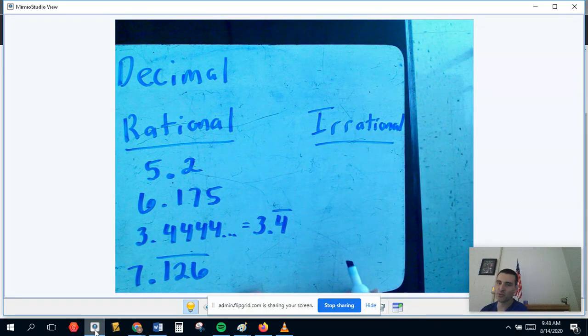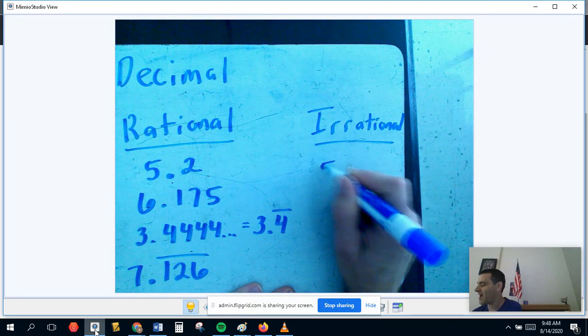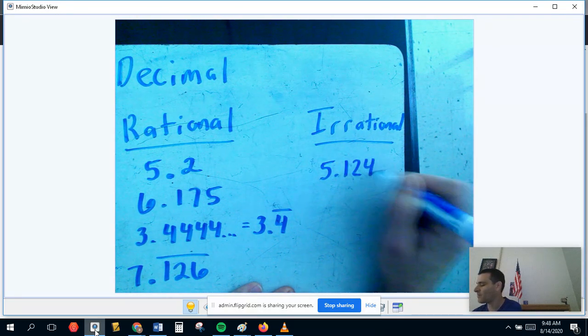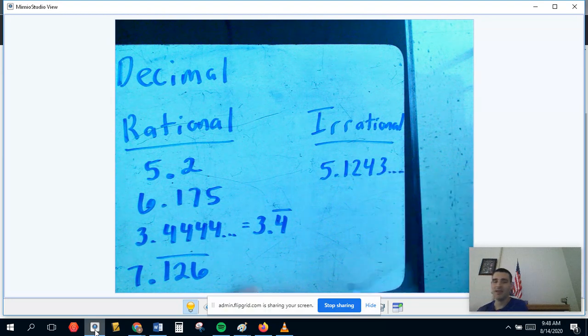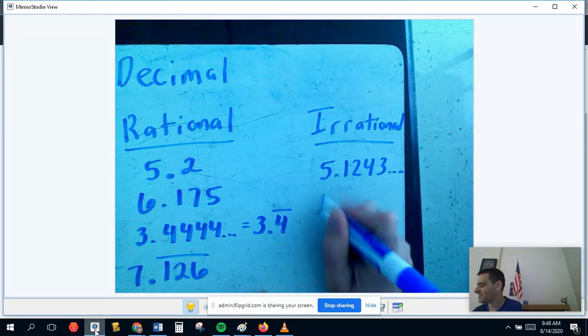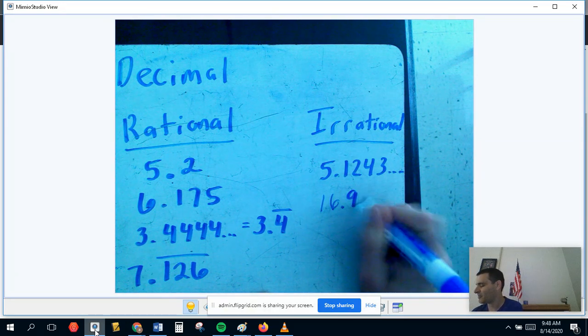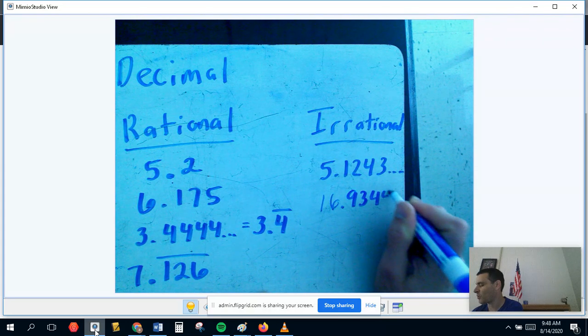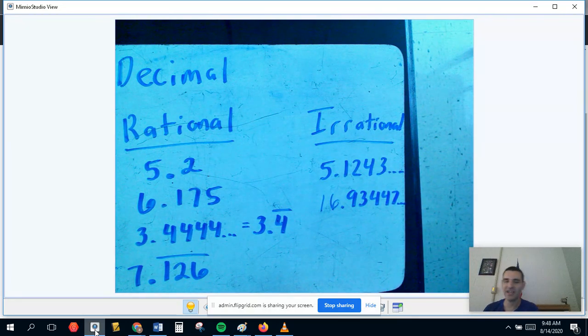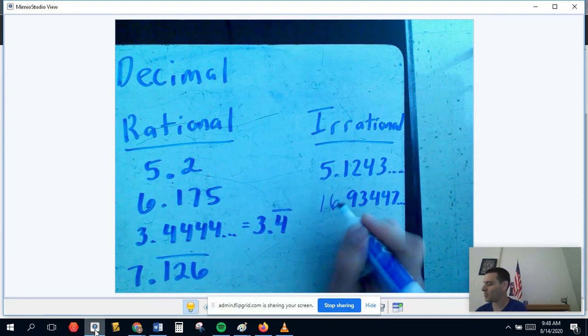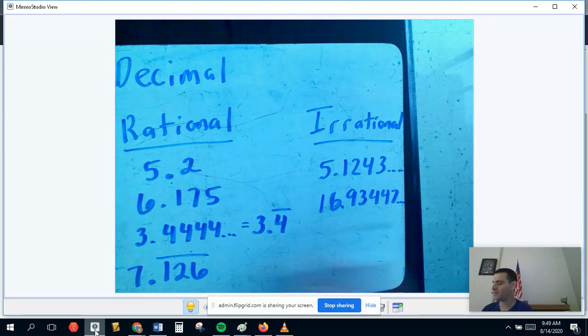Okay, and the only way we can really represent that would be 5.1243 dot, dot, dot, which suggests that there's no repeating pattern that we can see, and it just continues forever. Another example, 16 point, I'm just picking random numbers here, 93447 dot, dot, dot. Okay, it just continues some random pattern. That would be irrational. Okay, so if it stops or repeats, it's rational. If it does neither, it's irrational.